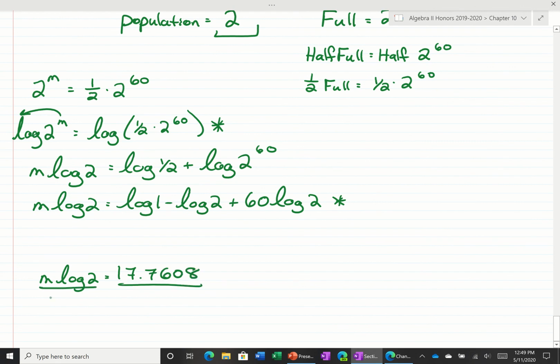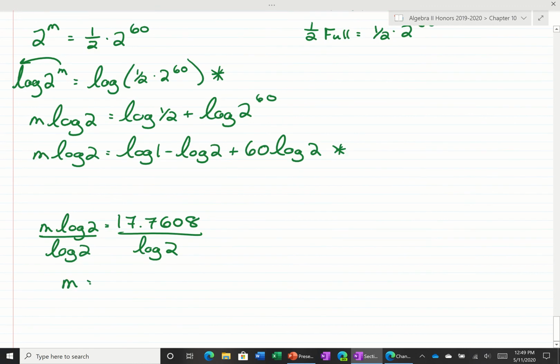Going to divide both sides by the log of 2. And we get that m is equal to 59. Remember, it's 59 minutes.